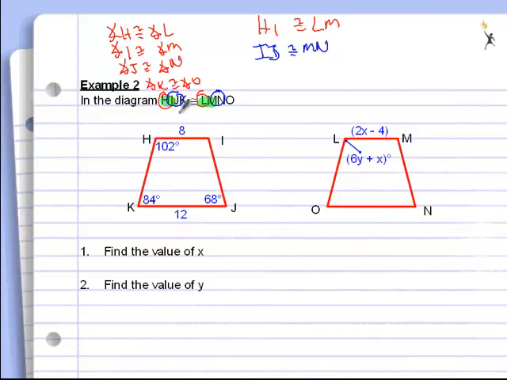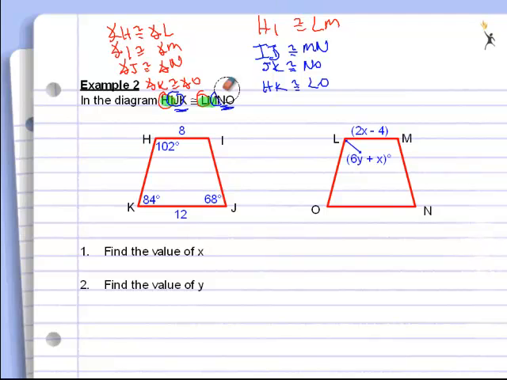The third letters, JK and NO. And then we could go the first and the last. HK is congruent to the first and the last, or LO. I just wrote my congruency statements without ever having to match up sides. Based on the way they were written, I knew what angles corresponded and what sides corresponded.